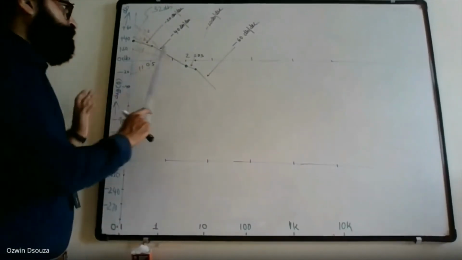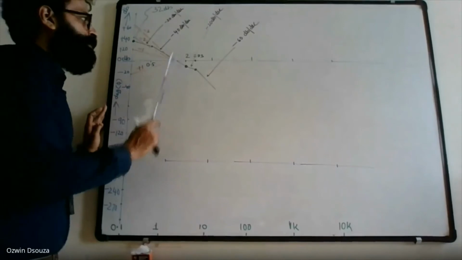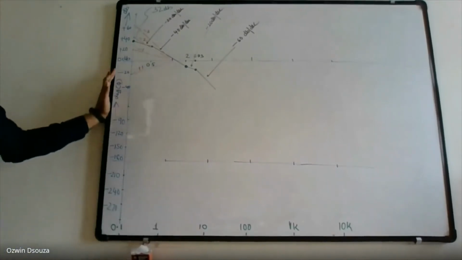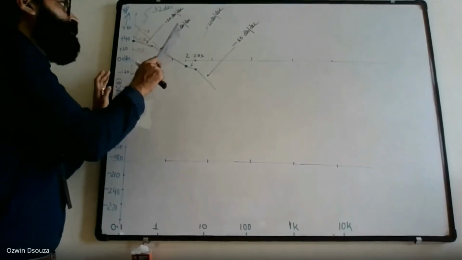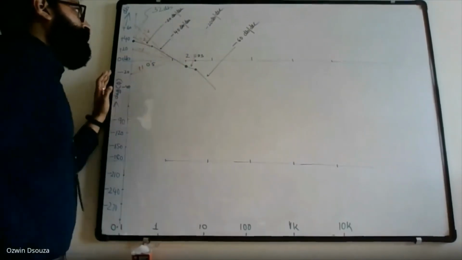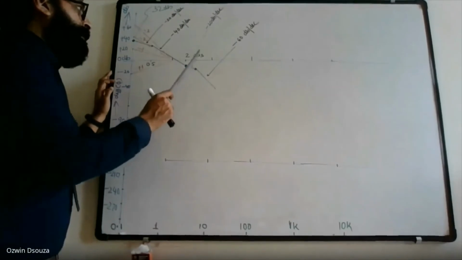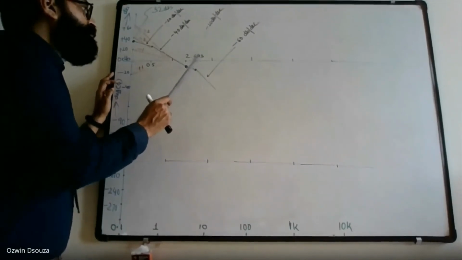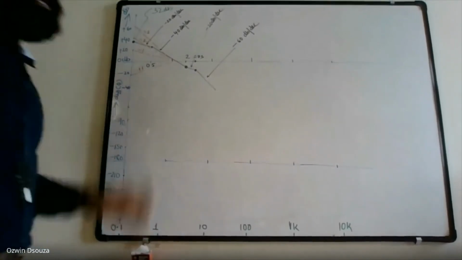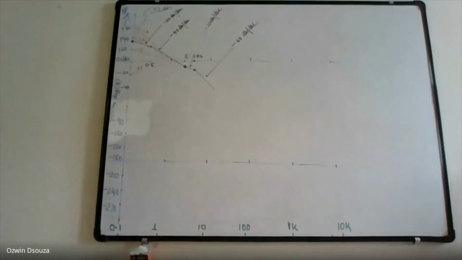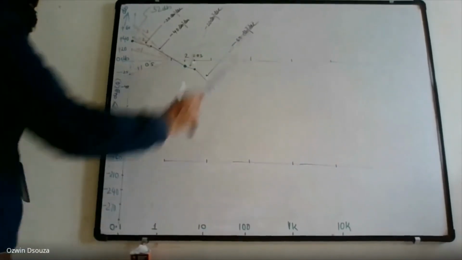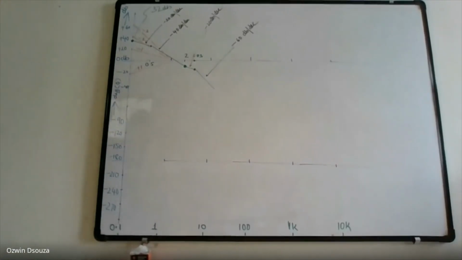And at 2 radian per second, first order zero comes into picture, hence plus 20 should be added to the previous slope, hence becomes minus 20 decibel per decade. And from 2.83 onwards, another pole with a slope of minus 40 decibel per decade comes into picture, due to which the net slope becomes minus 60 decibel per decade. So this is the magnitude plot.